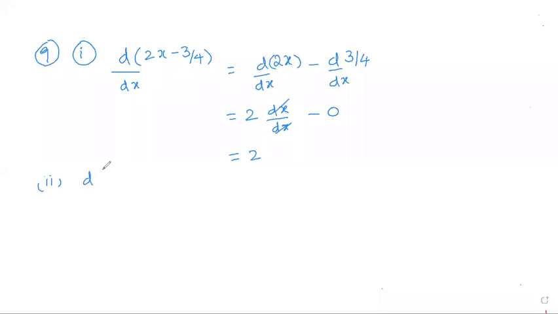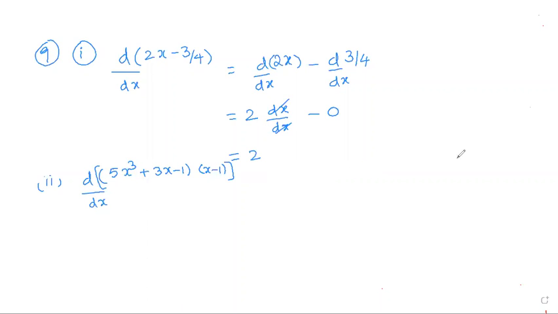Derivative symbol is D, of means bracket. The given function is 5x cube plus 3x minus 1, bracket, and one more term is there, x minus 1, total bracket, derivative with respect to x only.